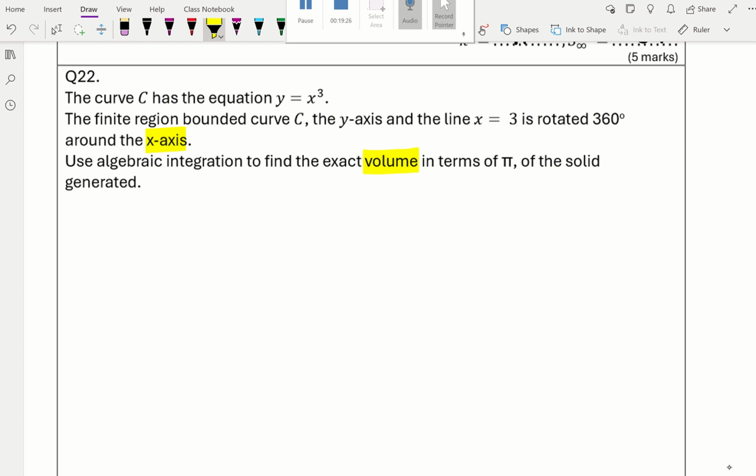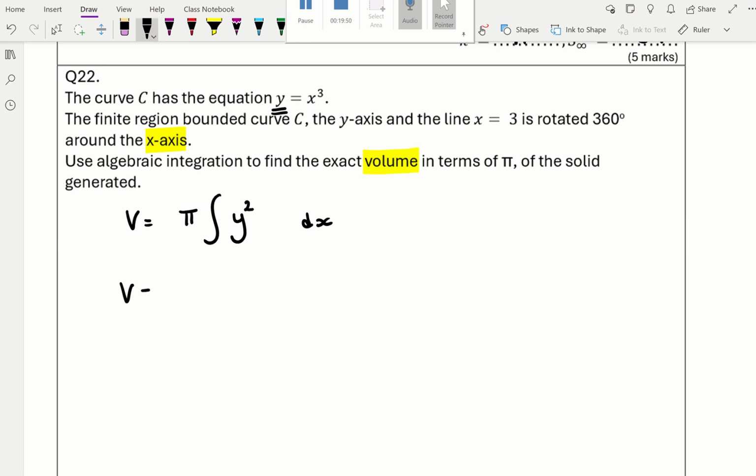Well, when something is rotated around the x-axis, to be able to find the volume, you would need to integrate y squared in terms of x. And we have y, not y squared. And of course, remember you're multiplying by pi as well.